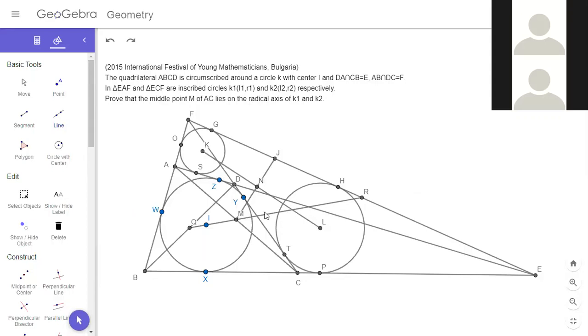I wonder what the radical axis of these two circles is.